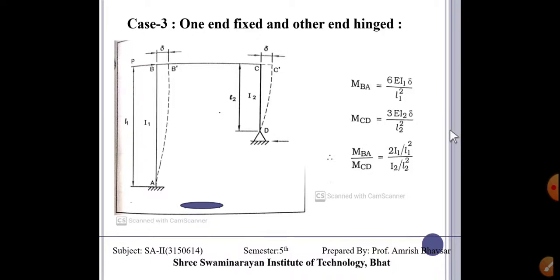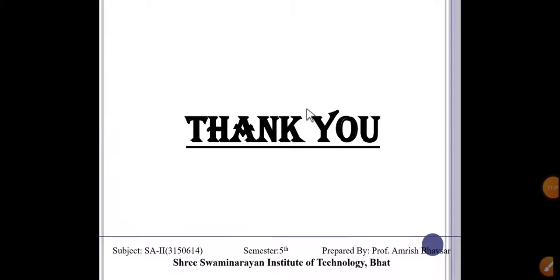So, dear students, from this ratio we have to again make a second moment distribution table for the sway analysis, and it will give us another moment for the sway analysis. Clear?